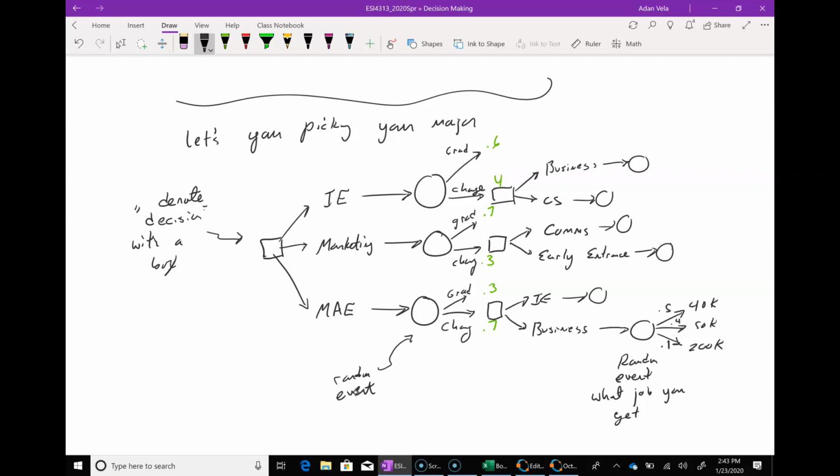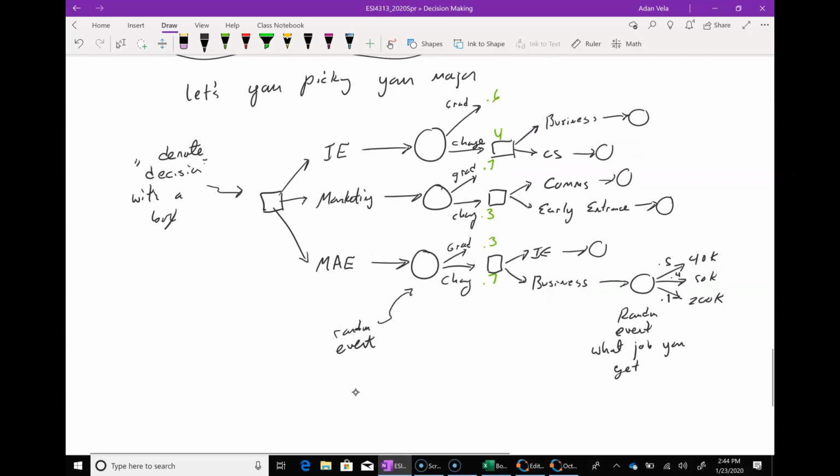All right. So now let's actually do some stuff. Let's actually calculate some things. Here's the problem. You can't actually ask, what is the expected reward of majoring in MAE? Why can't I calculate this value?